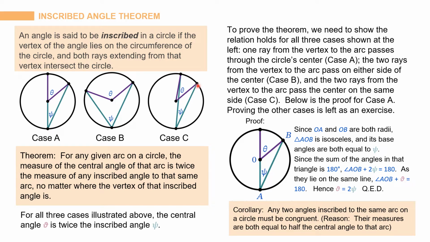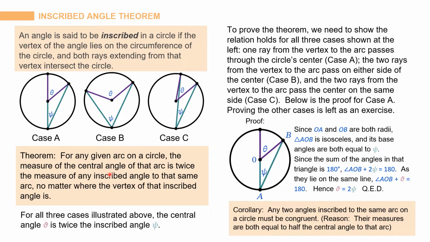But regardless of which case we are in, we'll be able to prove that for any given arc on a circle, the measure of the central angle of that arc is twice the measure of any inscribed angle to that same arc, no matter where the vertex of that inscribed angle is.